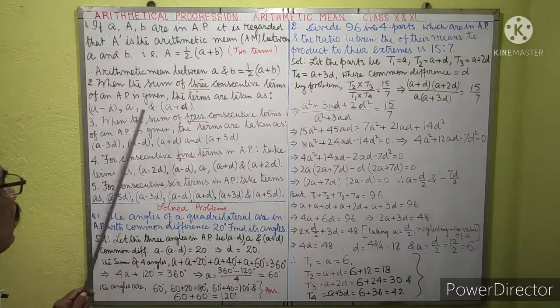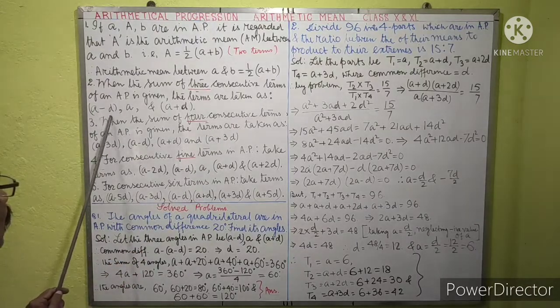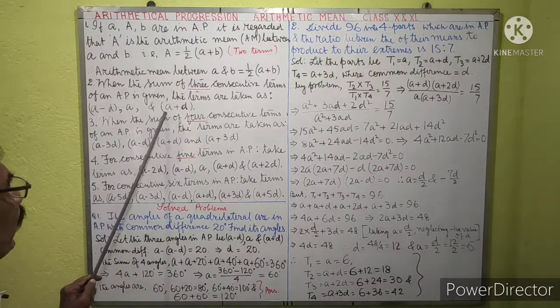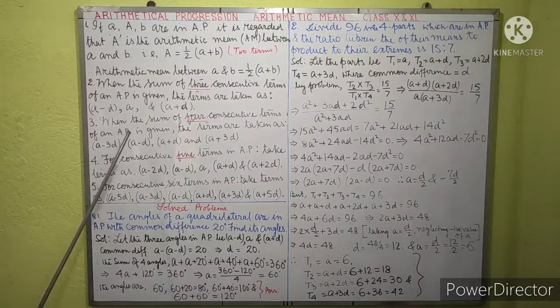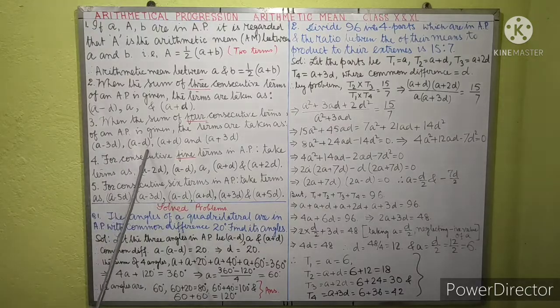Number 2, when the sum of 3 consecutive terms of an AP is given, the terms are taken as a minus d, a and a plus d. Number 3, when the sum of 4 consecutive terms of an AP is given, the terms are taken as a minus 3d, a minus d, a plus d and a plus 3d.